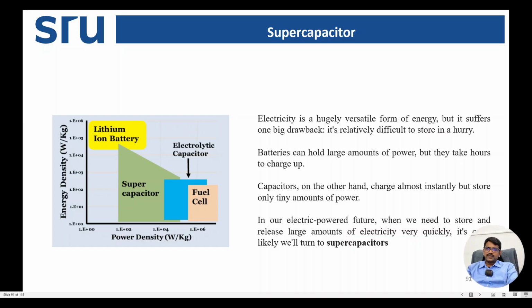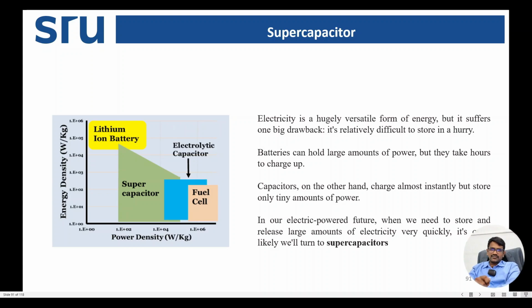Capacitors, on the other hand, can charge almost instantaneously because they store very little energy, only tiny amounts of power. So supercapacitors are in between the characteristics of capacitors and batteries.